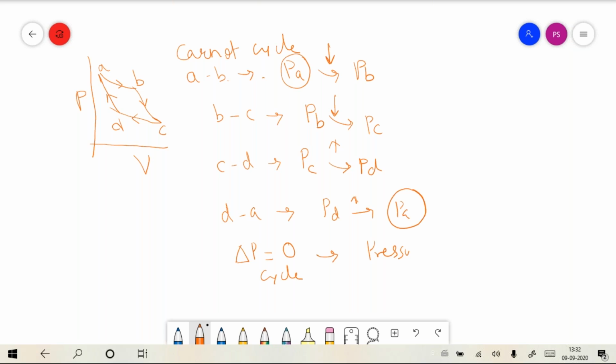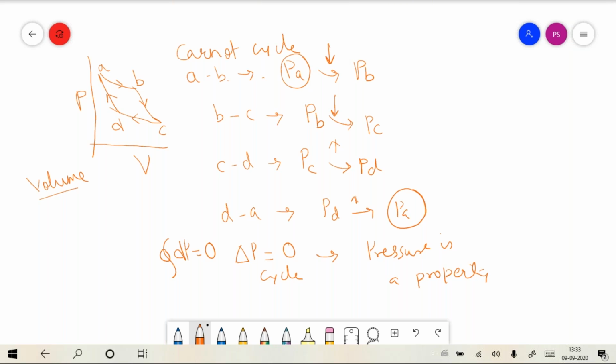Okay, and this is because pressure is a property. So the cyclic integral of dP is equal to 0 because pressure is a property. Similarly, if you talk about volume, what would happen to volume?